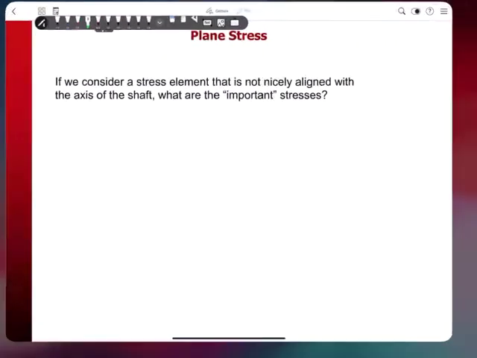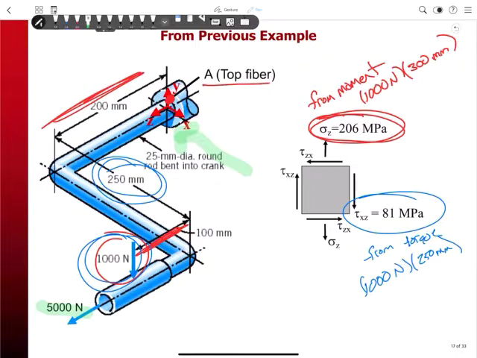So, back to this example here. Yeah, I've got some bending and I've got some shear. Now, if I'm worried about this thing failing, maybe the bending and the shear add up somehow. Maybe they add up, but we're not exactly sure how. Or maybe if I just had pure bending, maybe that results in some shear.